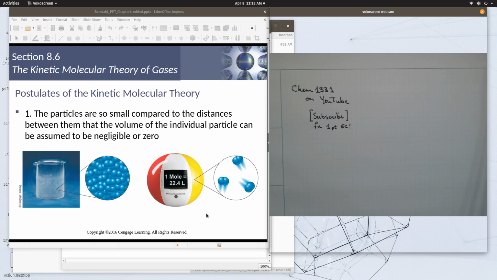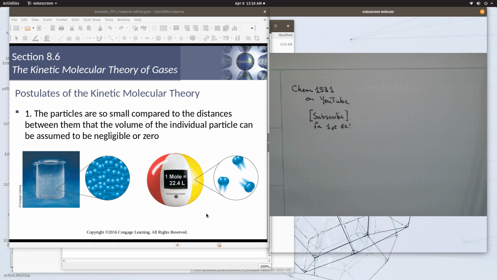The basic kinetic theory, and I think I've stated this a number of times throughout the class, is that the basic postulate of modern chemistry, or really physical chemistry, is that all matter is composed of atoms, which are indivisible particles under normal chemical transformations.